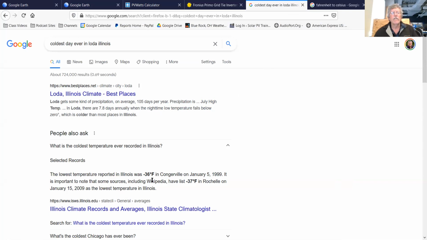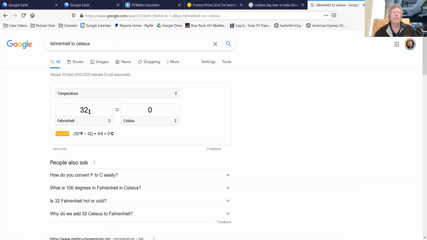And I found out the lowest temperature in Illinois was minus 36 degrees Fahrenheit, unfortunately, and that's the lowest temperature ever. Well, unfortunately, Fahrenheit's not going to help us, but if I say minus 36 degrees, that tells me that it's minus 38 degrees Celsius. So that's the coldest.